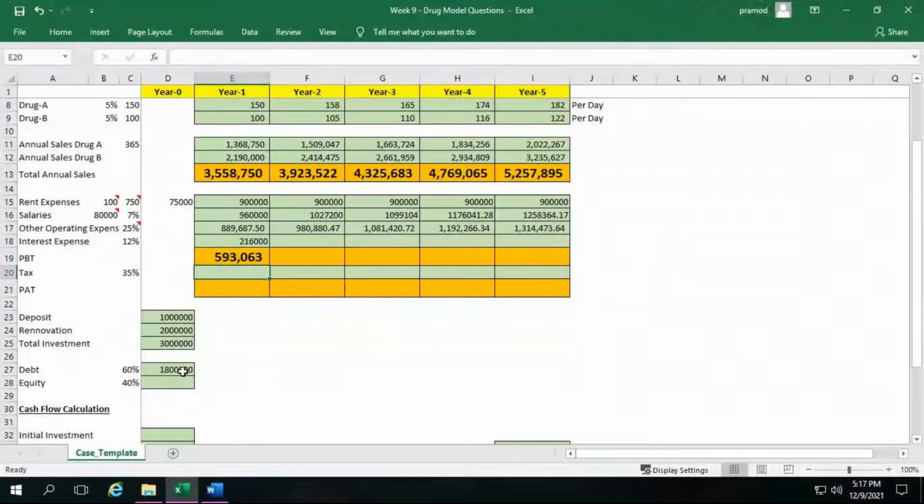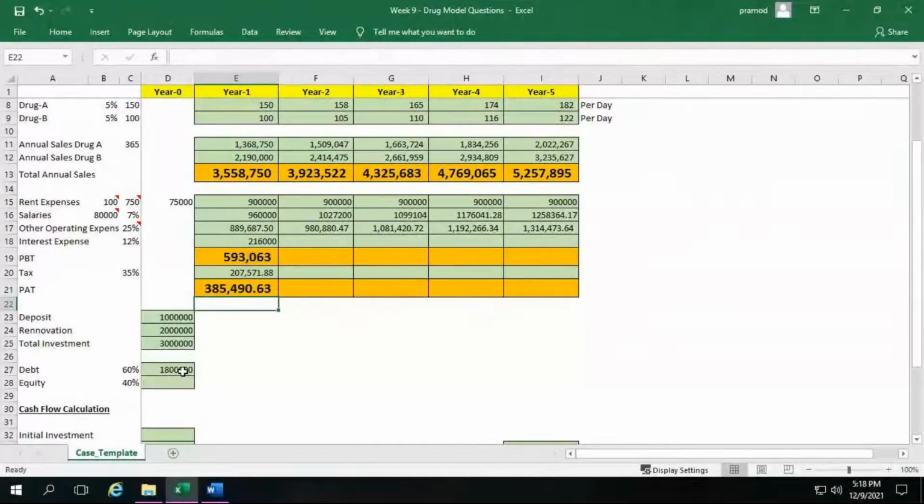Tax is calculated on PBT into 35%, that is 2,07,571. PAT is PBT minus tax, so that is 3,85,490.